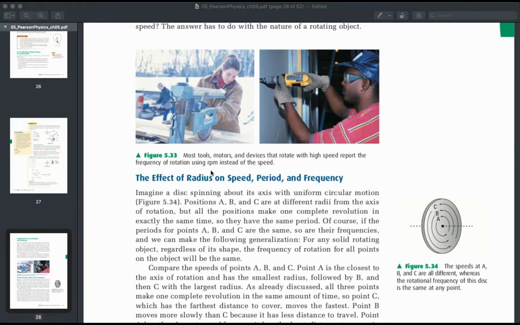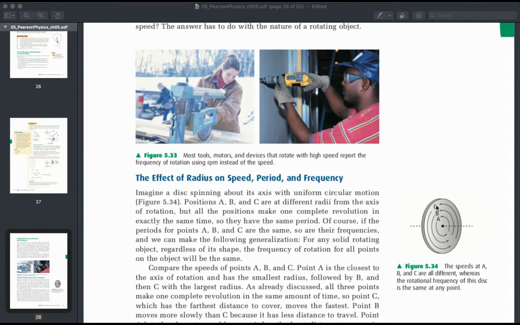They're listed as RPM. They don't give you the meters per second rating of a drill, for instance. It's an RPM. And the reason why that is because when something's spinning like this, the whole disk has the same frequency, but different spots on the disk have a different speed.